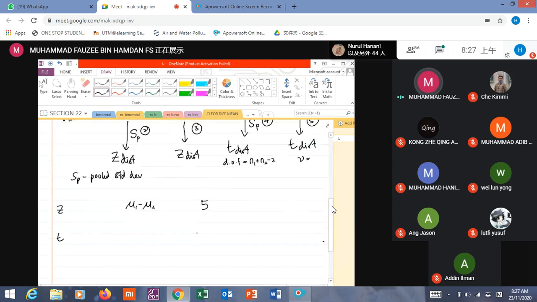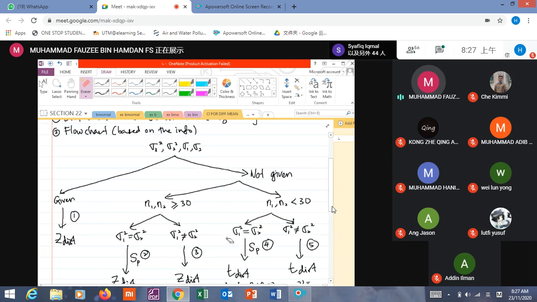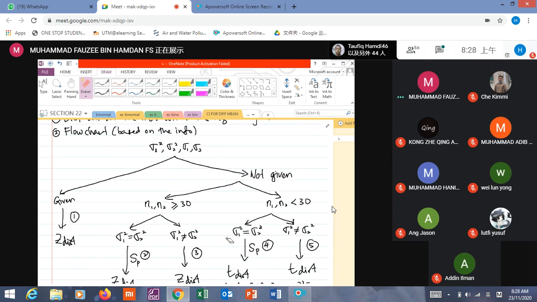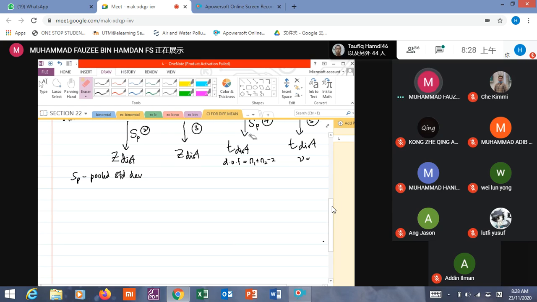Five cases. Now we look at how to construct the confidence interval. I already gave you the flowchart for the 5 cases, that is the second step. Look at the flowchart. The third step, you need to look at the formula.